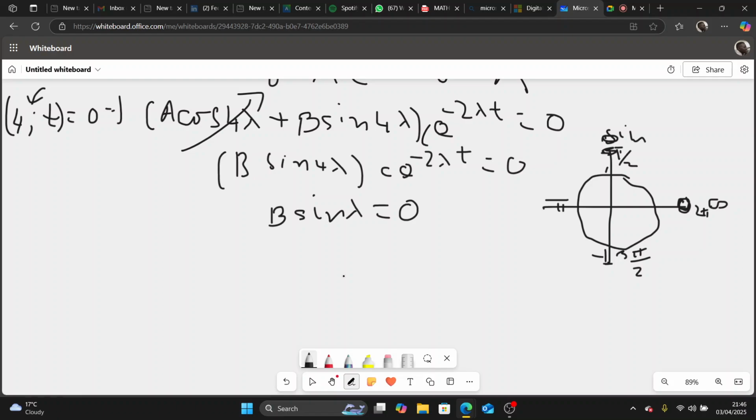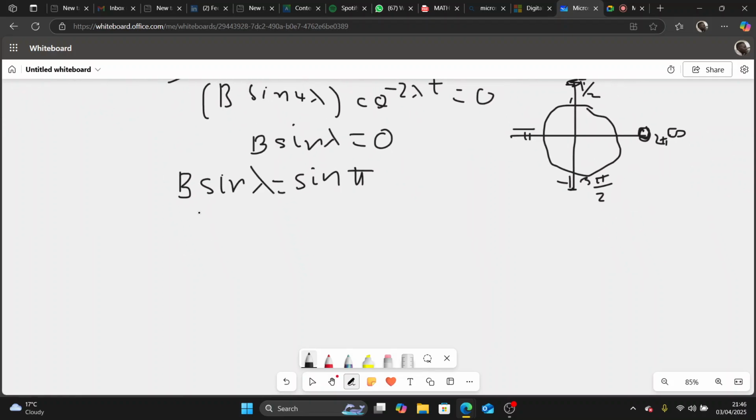You just call those angles now. Where the sine, yeah, 180, it is pi and 2 pi. So this simply means you can write b sine lambda to be equal to what? Sine pi. That's what it means. Or you can write sine 2 pi. Oh, I remember trigonometry was nice when I was in high school. We had full problems on how to solve this one.